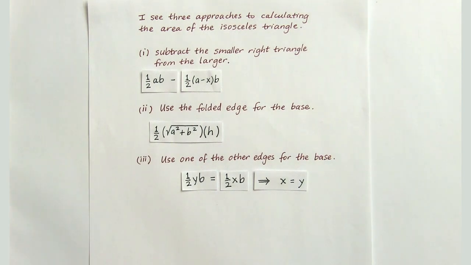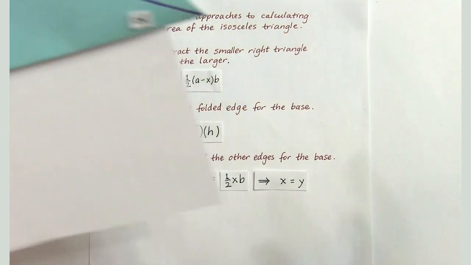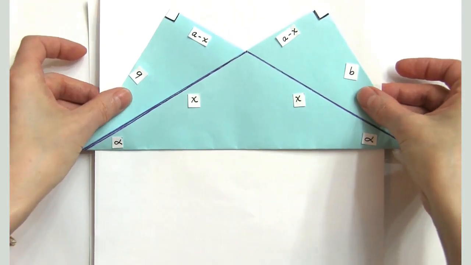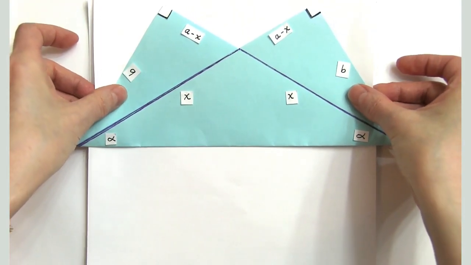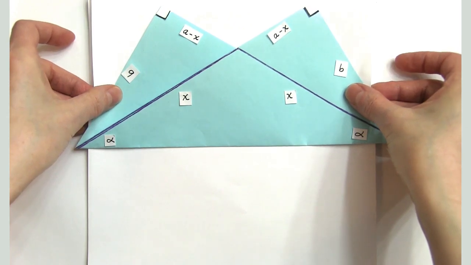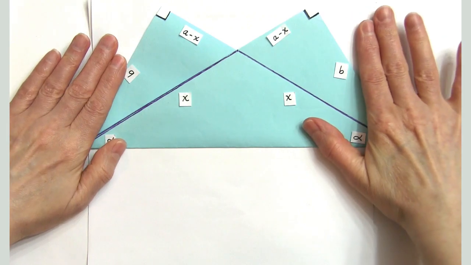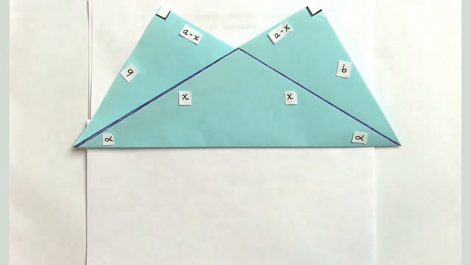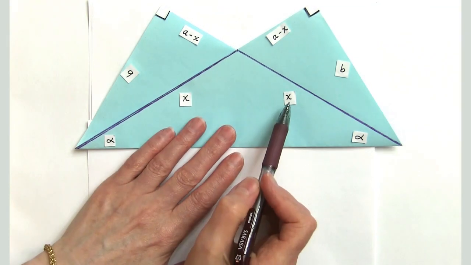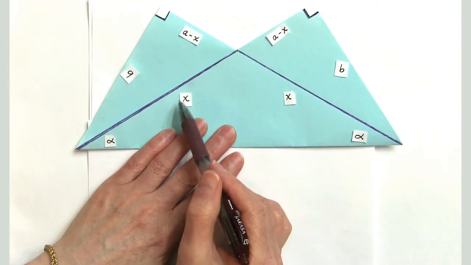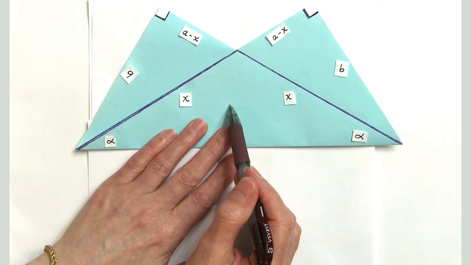So I'm going to look at my triangle. So I need to figure out how to calculate x in order to calculate this area here.